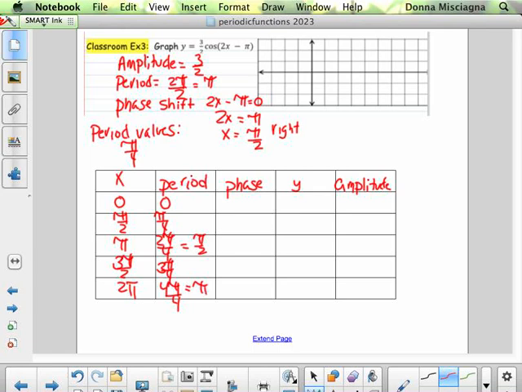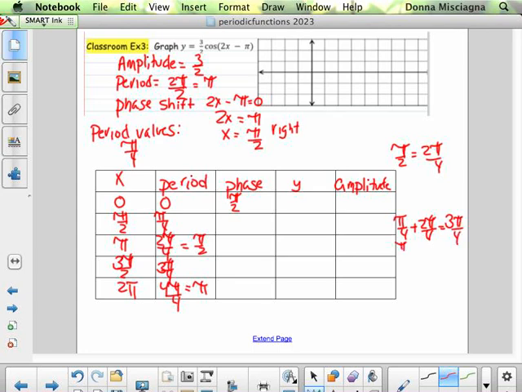For the phase shift, we're going to add, because we're moving to the right, add pi halves. So 0 plus pi halves is pi halves. And pi halves is equal to 2 pi fourths. So pi fourths plus 2 pi fourths equals 3 pi fourths.